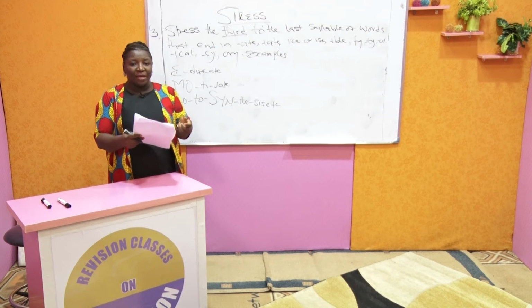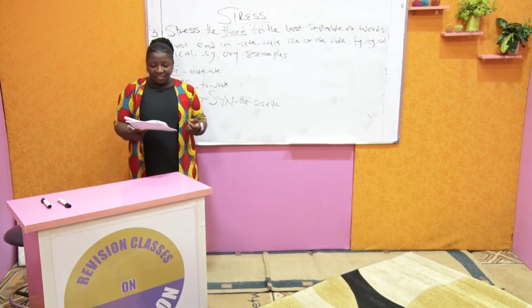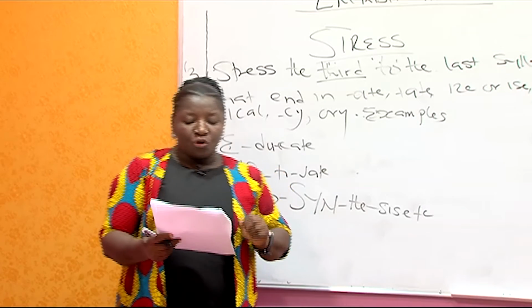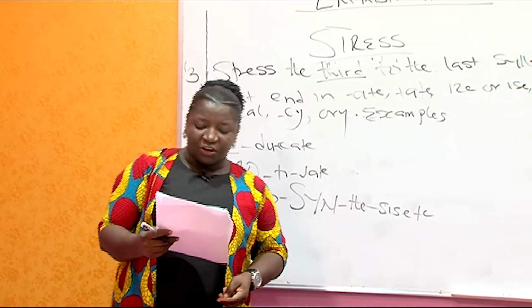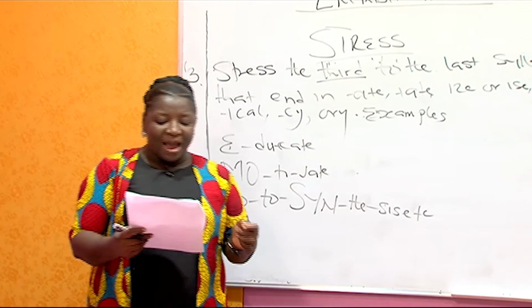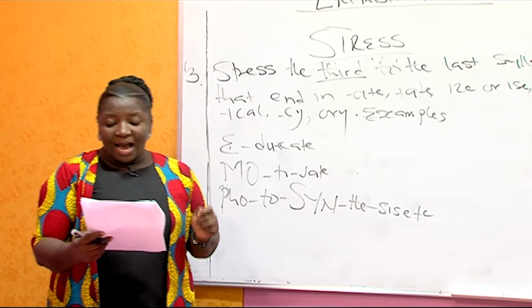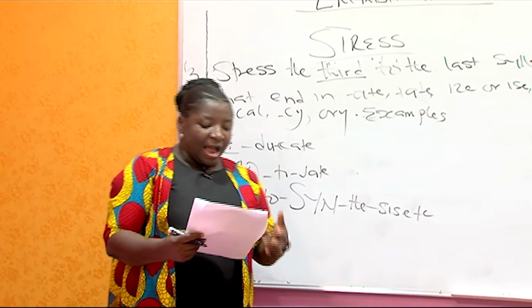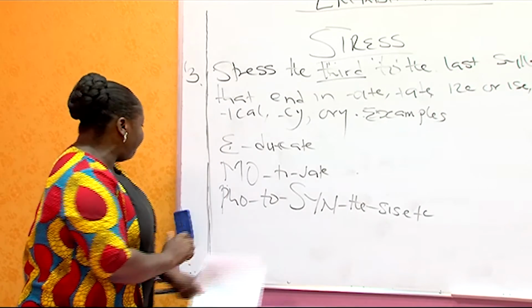Now let's see how we can apply this in answering our SSC question. The instruction is often this way: in each of the following questions, the main or primary stress is indicated by writing the syllable on which it occurs in capital letters. The first example is the word beneficial.